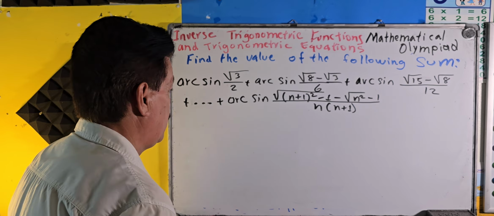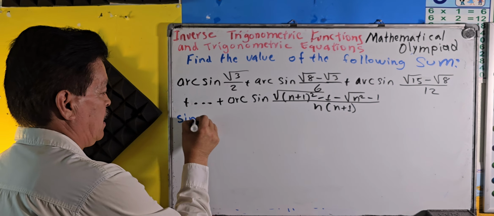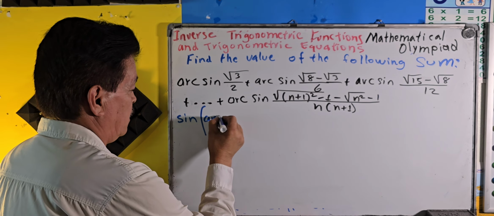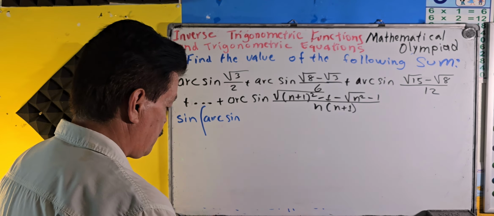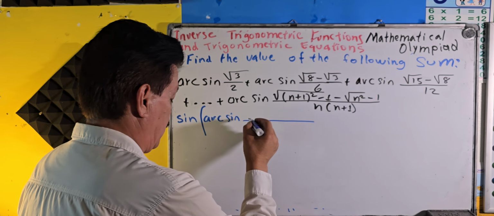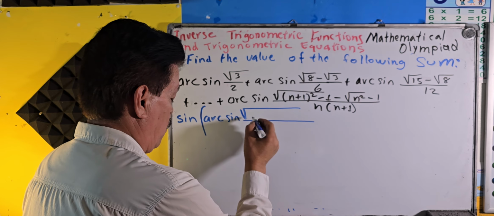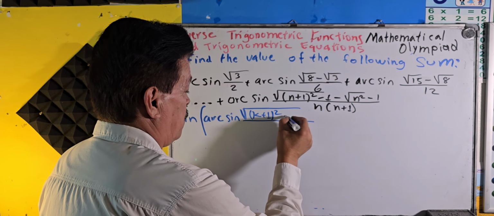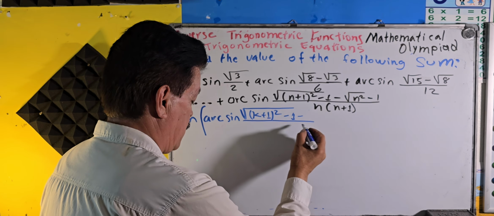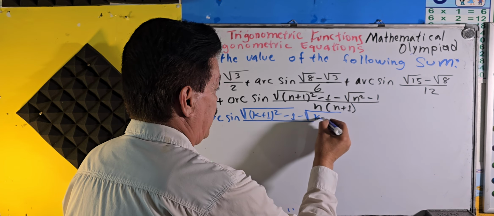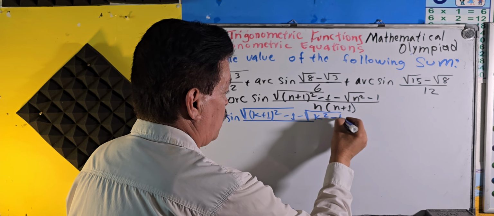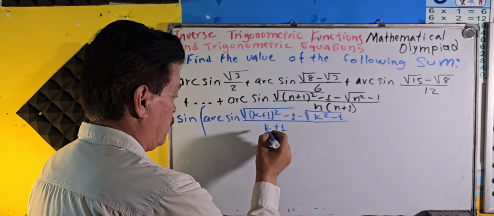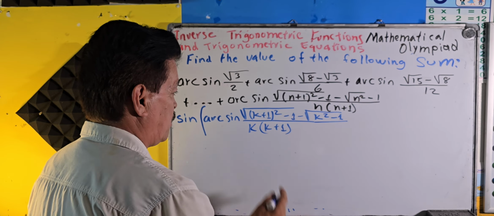I use this color. Sine of this big equation right here, arc sine of what we will have here: the square root of k plus 1 to the second power minus 1, minus the square root of k to the second power minus 1, divided by k plus 1 times k.